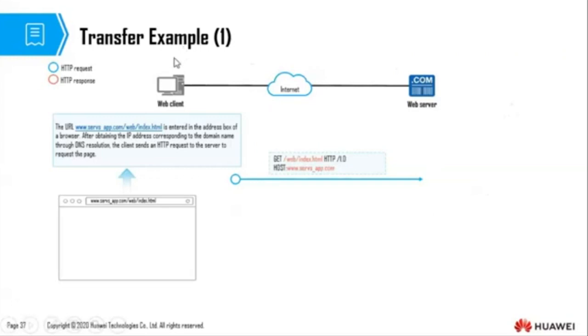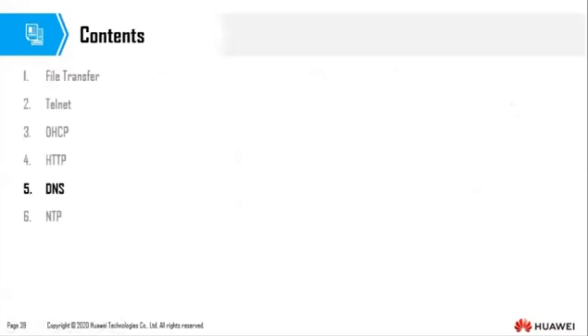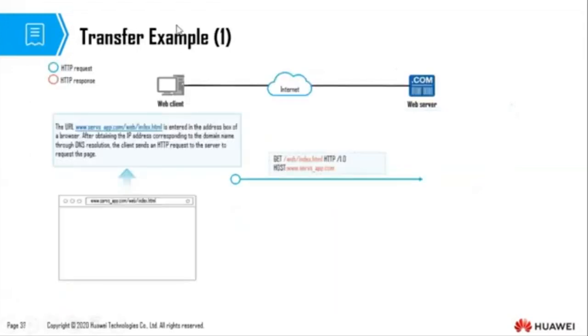Okay. What is this? Transfer. Okay, so this is just a transfer example. So the example here simply shows that you've entered a certain URL in your browser. So when you enter that URL, the request is sent and it uses the GET method to get this resource, web/index.html.